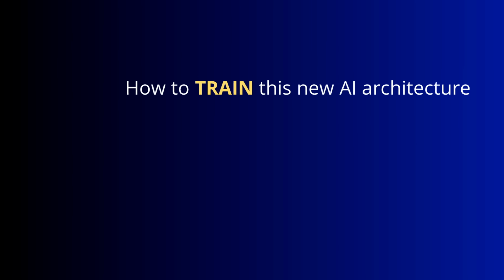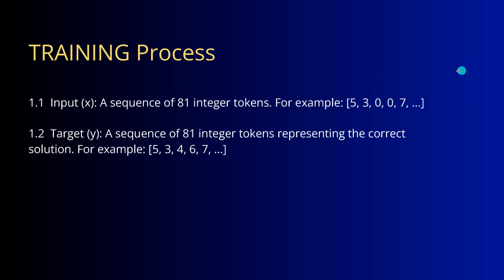But now the main question is, how can we train this new architecture? Because before we can switch it on, we have to train it. We have to pre-train this thing so that it has intelligence, artificial intelligence, hopefully. So let's have a look at the training process. You start with an input and with the final result, because it has to learn the steps.